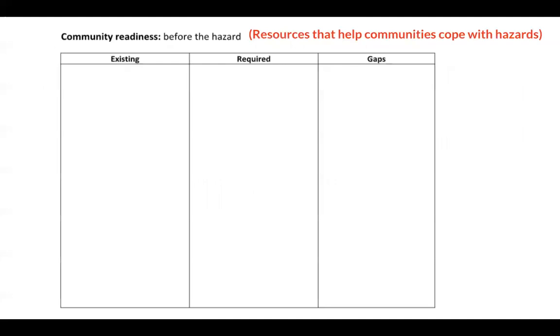The last part of the capacity assessment is to assess readiness capacity, which includes the resources that help communities cope with hazards.